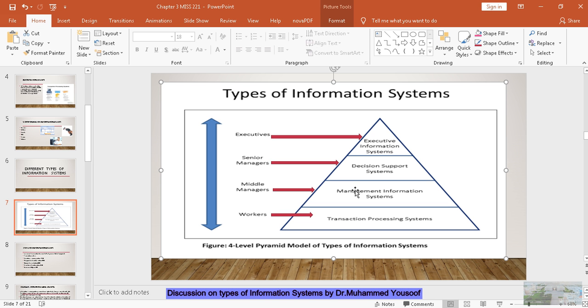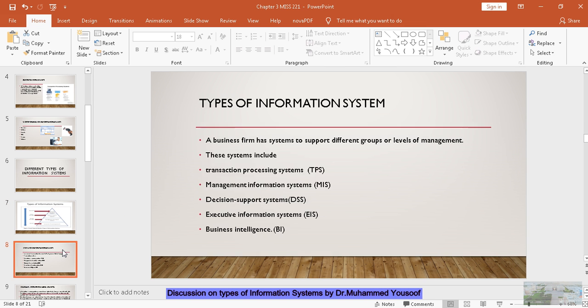So you see that the data stored in the system is the same, but how it is retrieved and presented to the managers and the people working in the organization depends largely on the type and nature of the job in which they are working. So it becomes very necessary to have different types of information system for different levels of the organization. I hope it's very clear for you until now.